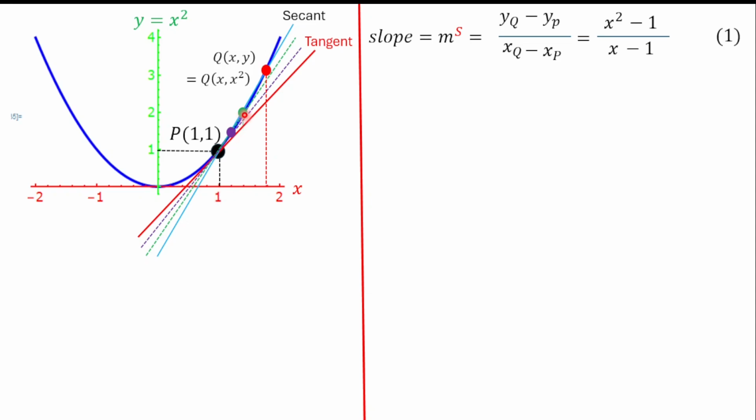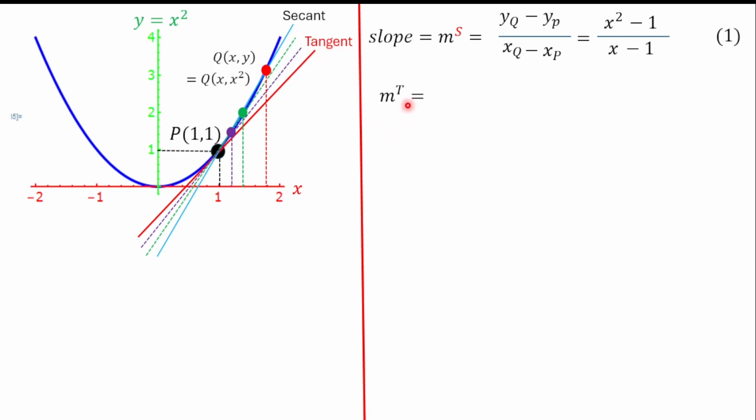If I drop a perpendicular from this point, now the x coordinate is getting closer to point P, and similarly, if I take this one, it is getting even closer to point P. This geometrical expression gives us an insight that if we take the limit of the slope of the secant line with x, we will be able to get the slope of the tangent line.